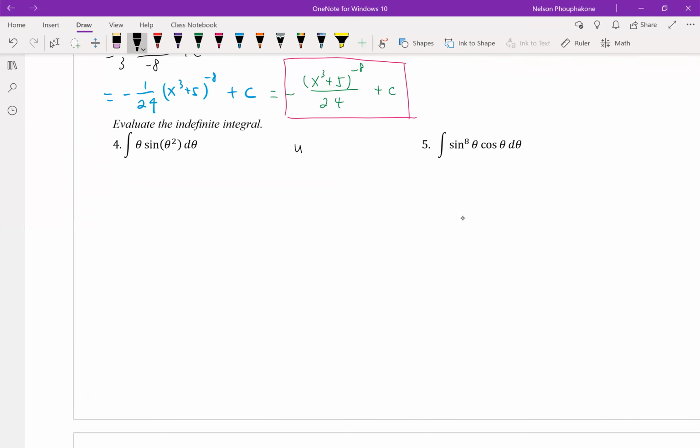Now in this case, I will let u equal to theta square. Then I will have du is 2 theta d theta. And then now I will have theta d theta equal to du over 2. Then now I will have sine of u du over 2.